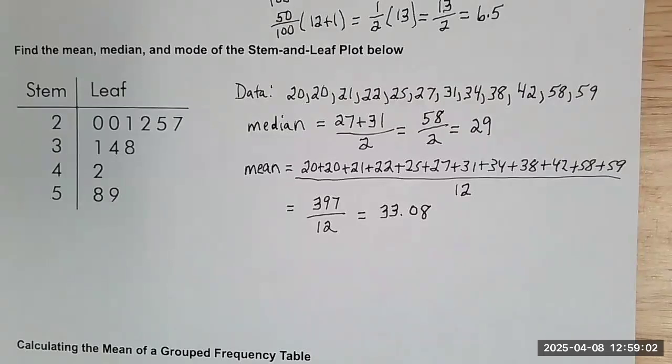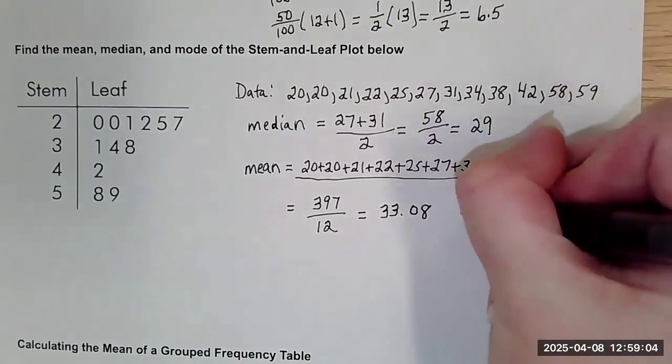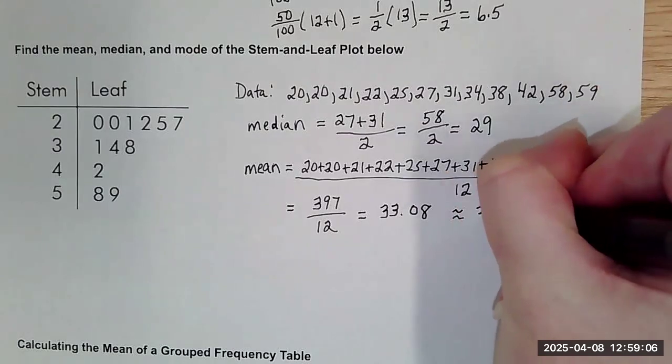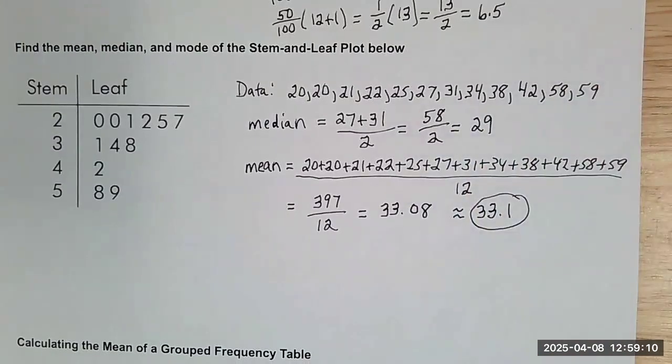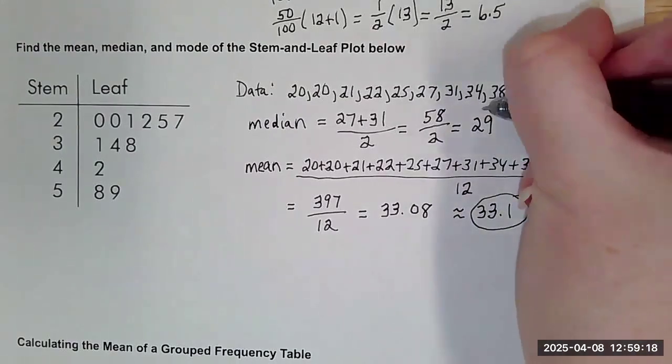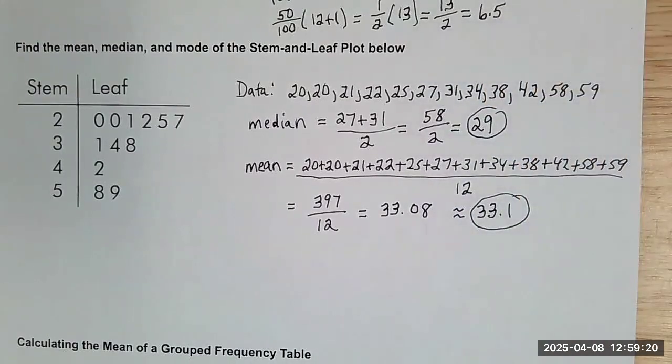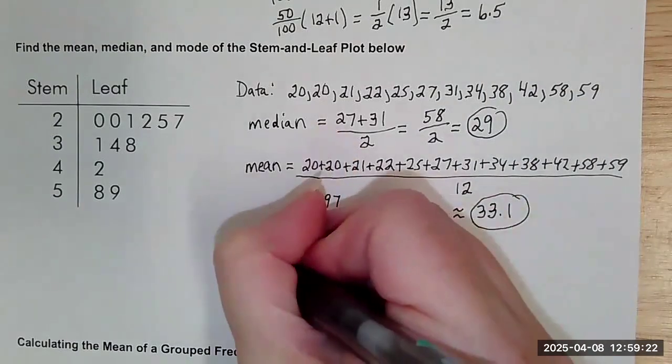So I would say 33.1 would be my mean. So median's 29. Mean is 33.1. And then what's the mode?